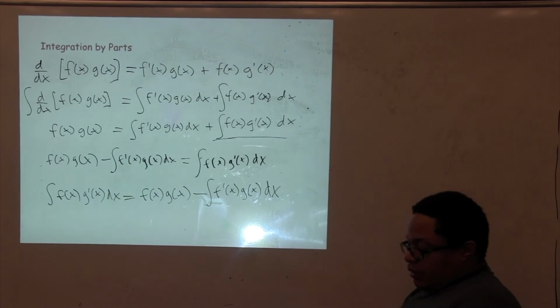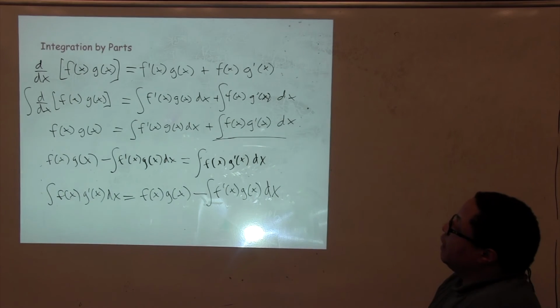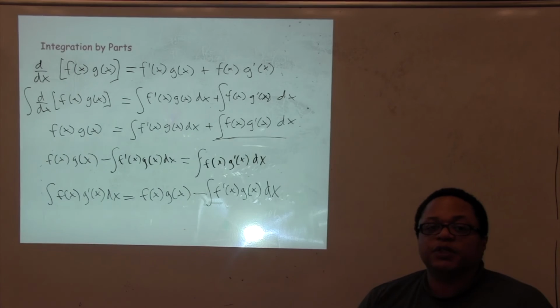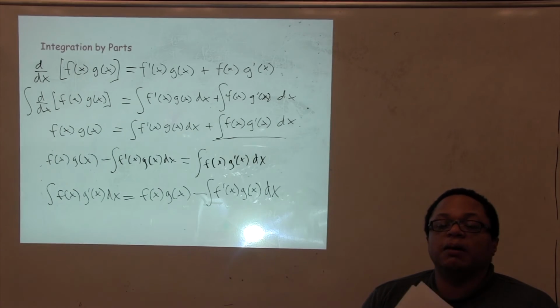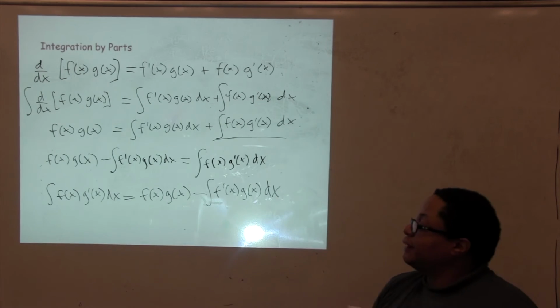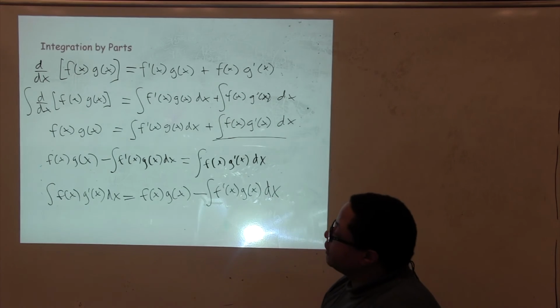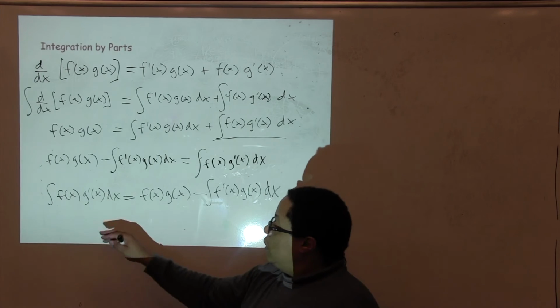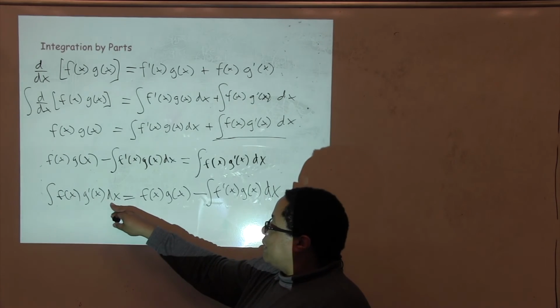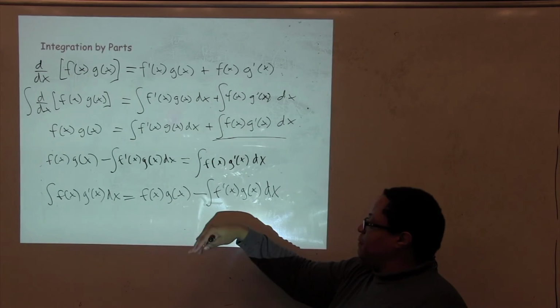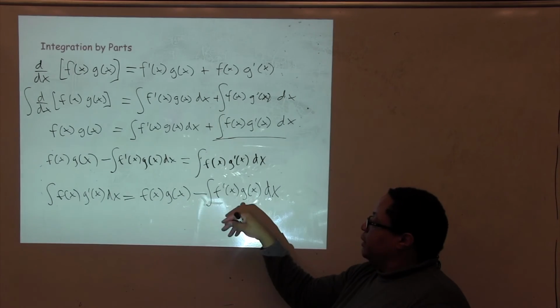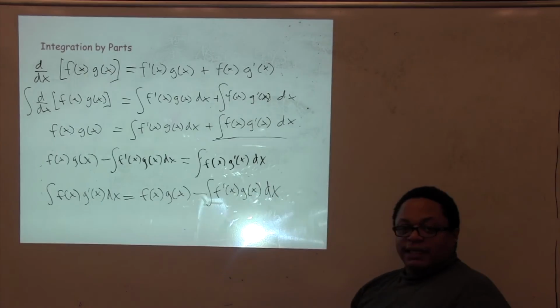Okay, so what does this give us? What this gives us is a prescription for simplification of a complex integral. It says that the integral of f of x g prime of x dx is equal to f of x times g of x minus the integral of f prime of x g of x dx.